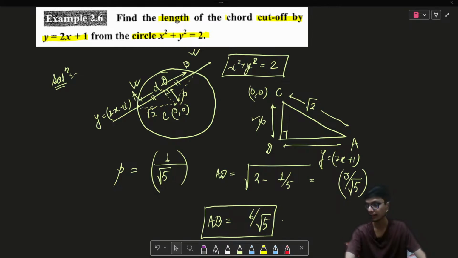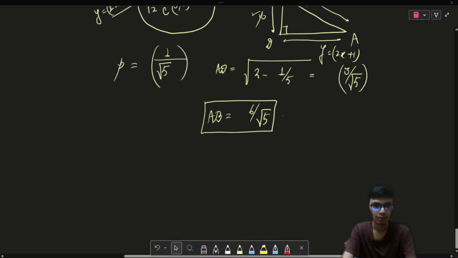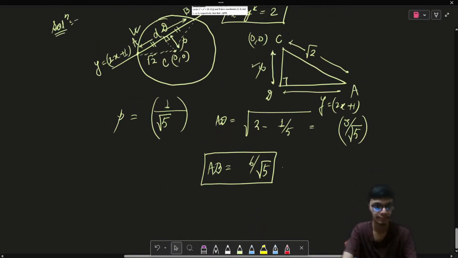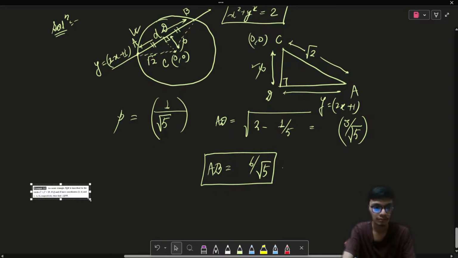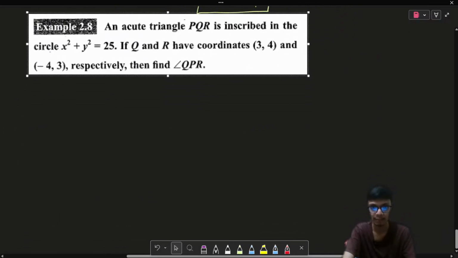Okay, so let us now move forward towards solving some more problems regarding the properties of the circle. So let us take this problem. Let me show the problem over here. This is another interesting and standard problem as well.